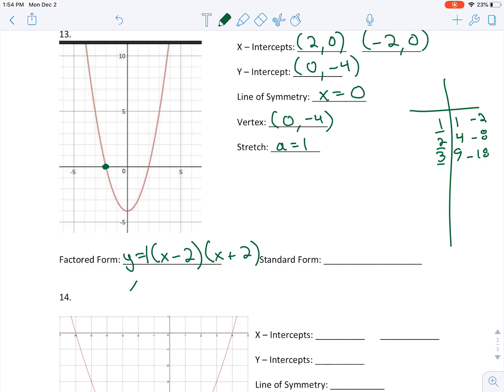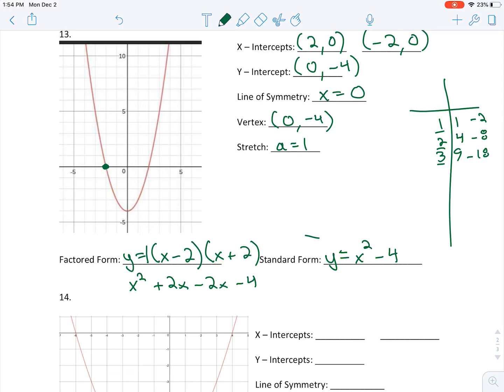That would be first, and then outer, inner, and last. And then the 2 x's go away, and I'm left with y equals x squared minus 4. If you don't know how to FOIL, I highly recommend looking that up on YouTube.